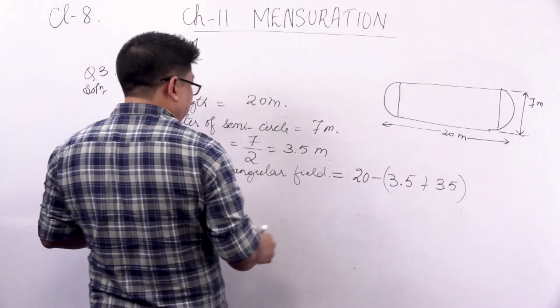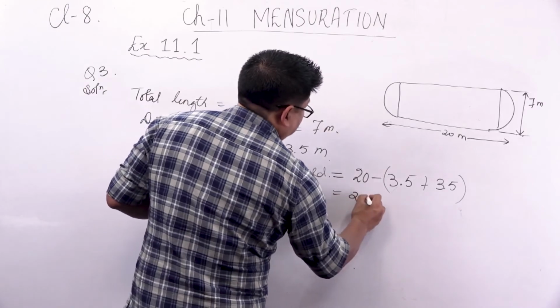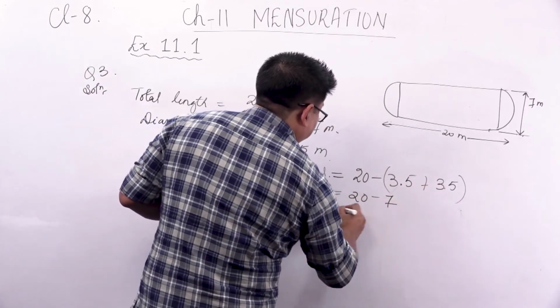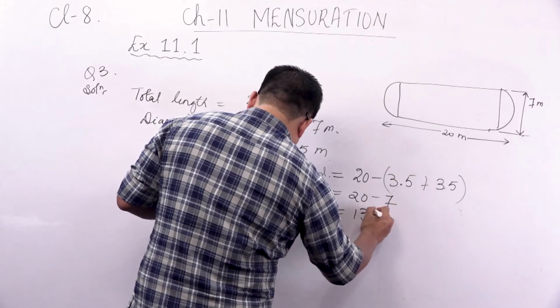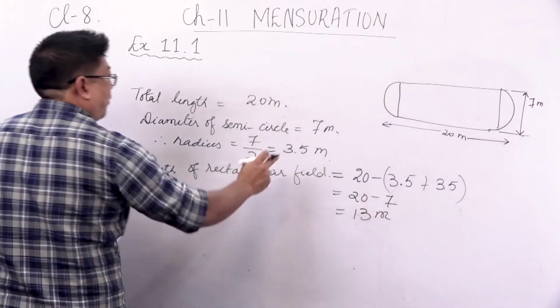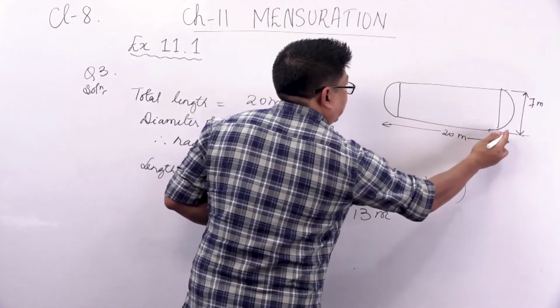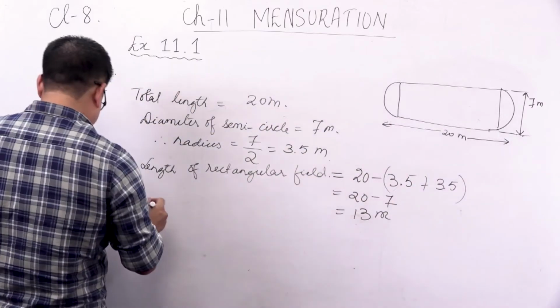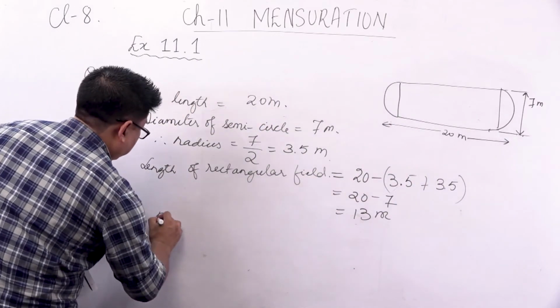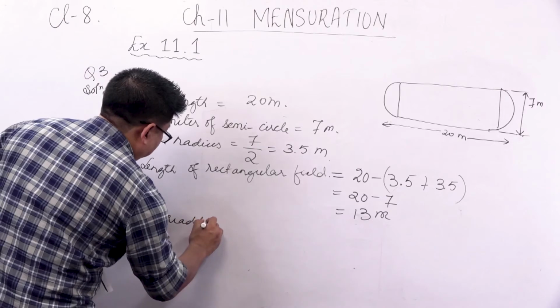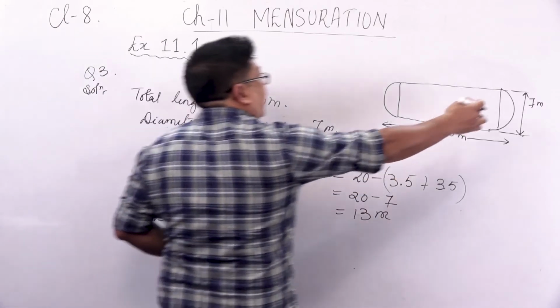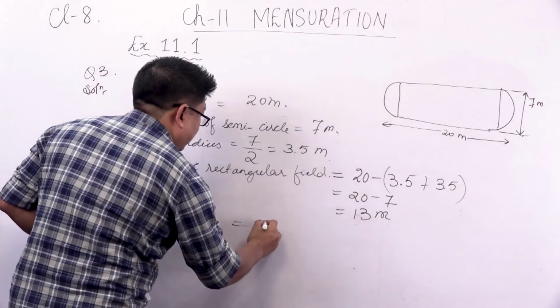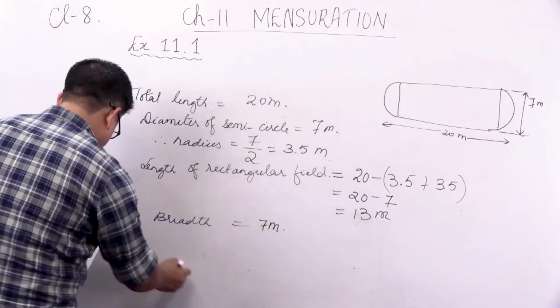This is the hint that they have given us. So when you add these two, you get 7. You're getting 13 meter. So length of from here to here is 13 meter. Also, breadth, just by looking at this, we know that it is 7 meter.